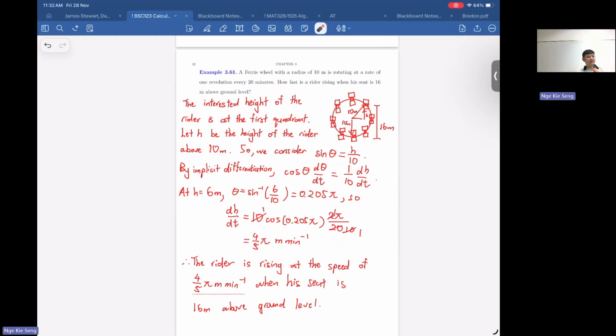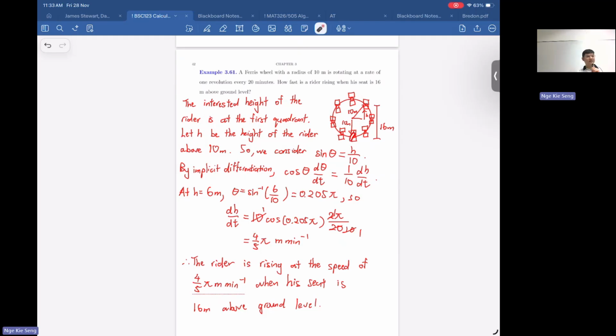Repeat again. I set this h to be the height of the rider above 10 meters. Meaning after 10 meters, I get a height here. If the Ferris wheel turns to the bottom, the height is not 0, it is negative 10.